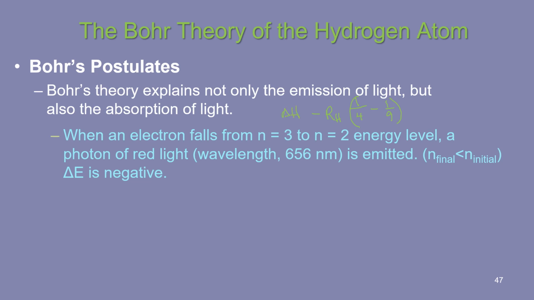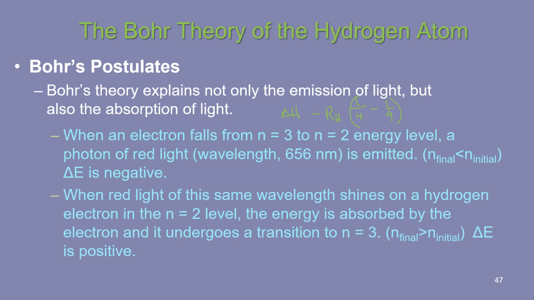Now, what if the electron goes the other way, from 2 to 3? Well, this whole thing switches, and we'll have delta E equals negative RH times 1 over 9 minus 1 over 4. So you can see that's the same quantity. The only thing is now this will be negative, and negative times a negative will be positive.